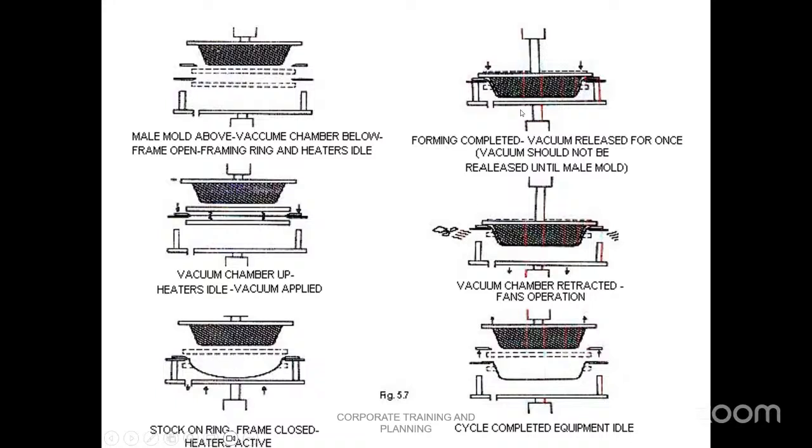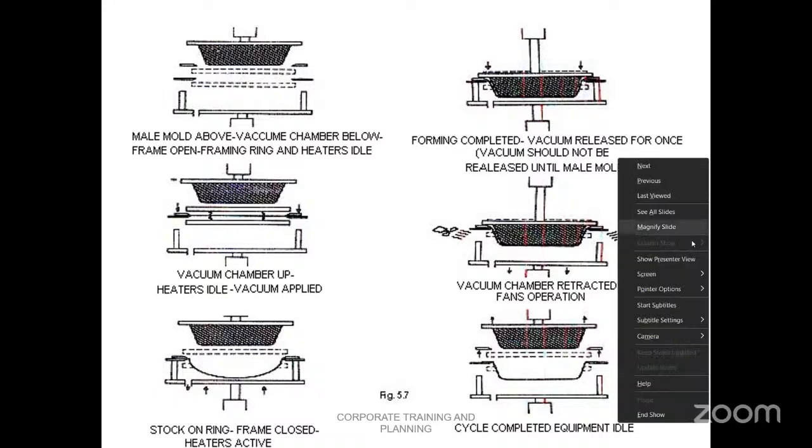After that, see now, the male mold is pushing that sheet into the female mold. And afterward, see now here, the air pressure and vacuum chamber retract, and the fans come from the outside to cool the sheet. And see now where the article is now: with the male mold here.